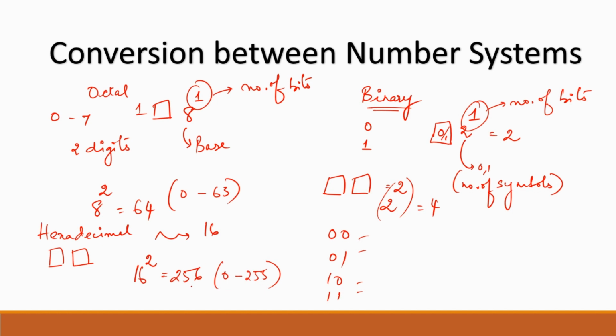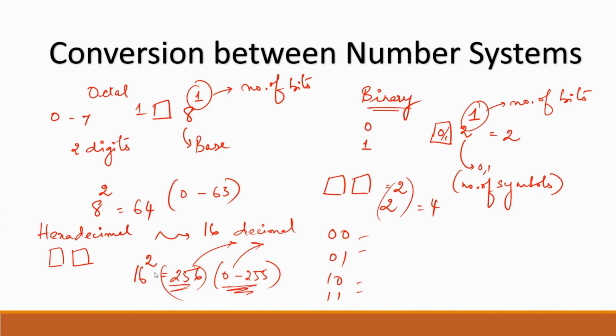This 256 and the 0 to 255 range that I'm talking about are actually decimal numbers. Since we are very familiar with the decimal system, it will be easier to understand the interpretation of the range of numbers, which is why I'm saying 16 square is 256 and I'm talking about the decimal system in this case. So for a hexadecimal system, we can represent 256 numbers using two digits.